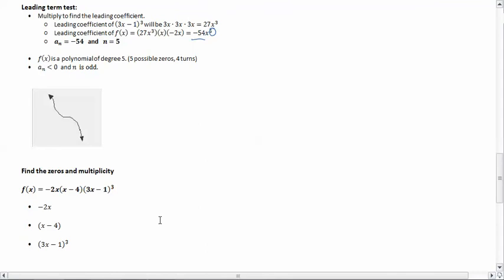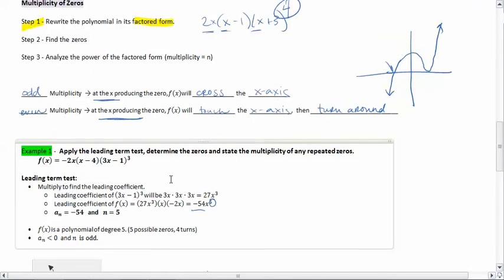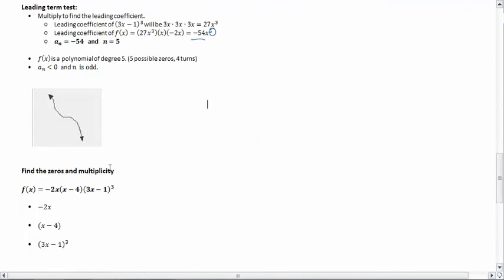The next step we need to do is to find the zeros and their multiplicity. So if we look at this factored form, we have negative 2x times (x - 4) times (3x - 1)^3. That's back to the original factored form that we were given. And so each of these things, because we have multiplication, is going to produce a 0.